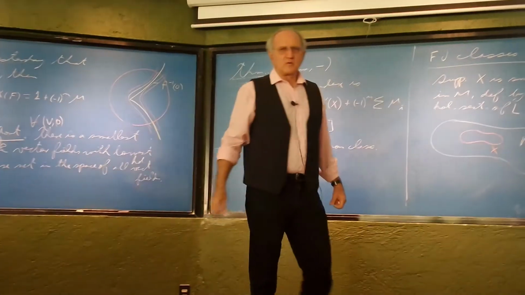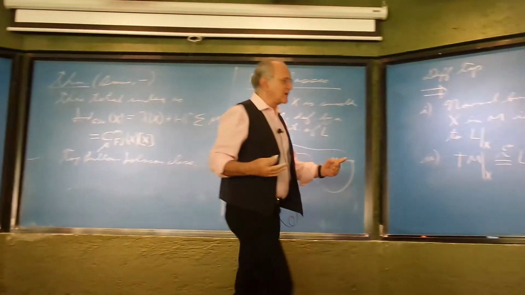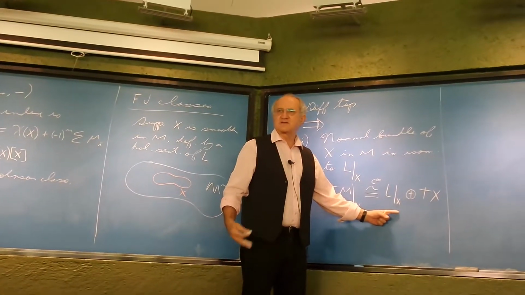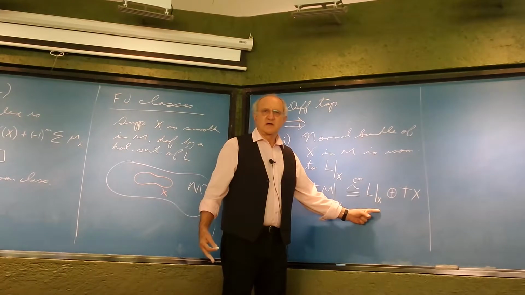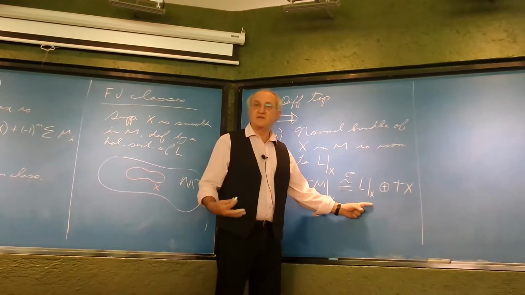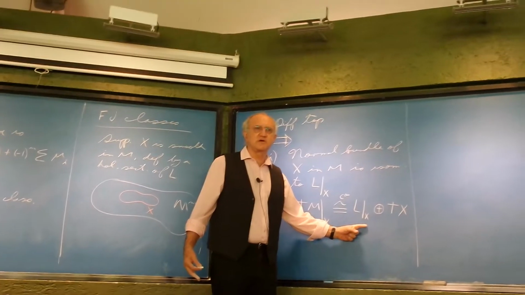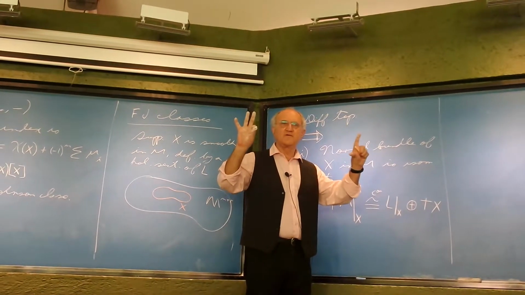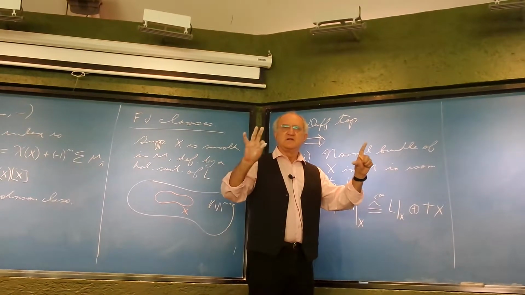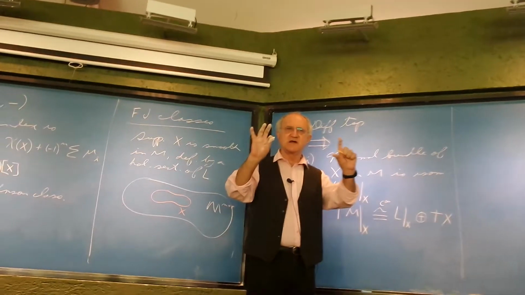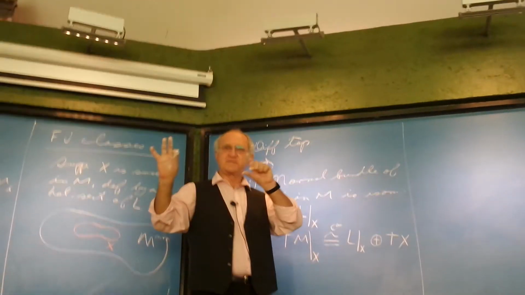I didn't mention it, but whenever you have any bundle over some decent space, it has Chern classes. And there's a very nice property of Chern classes, which is called the Whitney formula. When you have the sum of two vector bundles, the Chern classes of the sum can be expressed in terms of the Chern classes of each of the pieces.